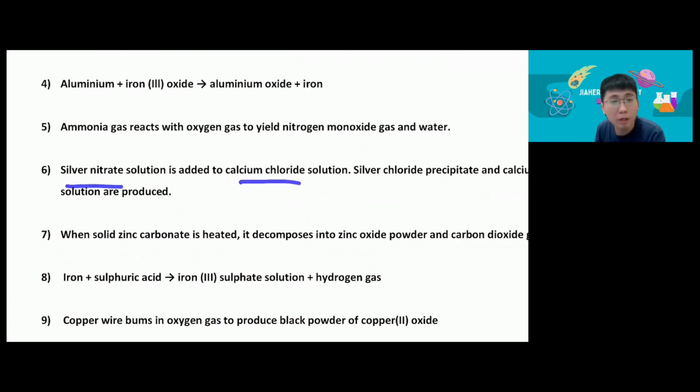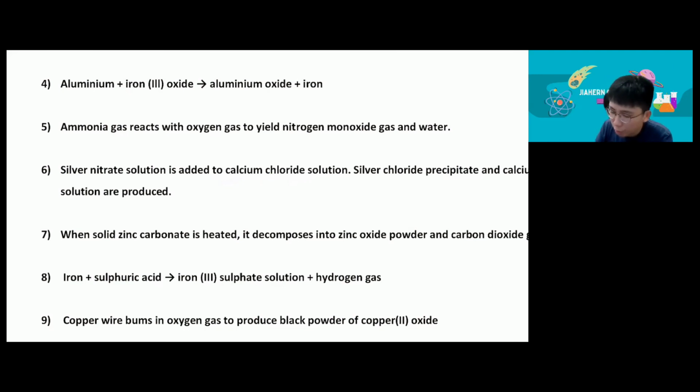So as I told you, when a compound has 2 different names, you must remember they are formed from charge, from ions. Means silver nitrate, silver got charge, nitrate also got charge. Calcium chloride, calcium got charge, chloride got charge. So let's say for now, I assume that you already know, okay, if you don't know, time to memorize.